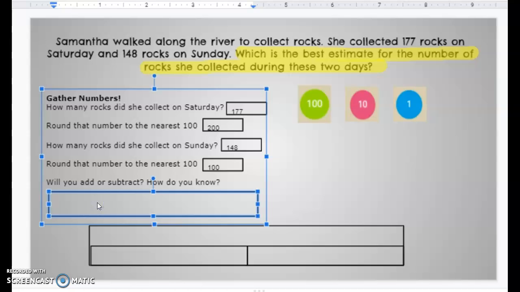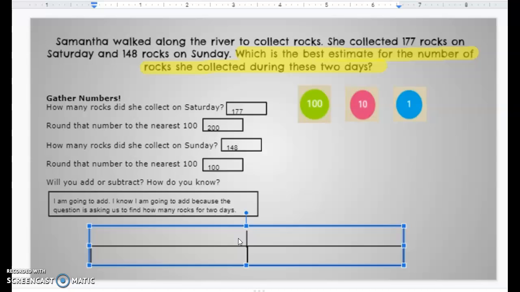I know I am going to add because the question is asking us to find how many rocks for 2 days. It's asking you to find a total.